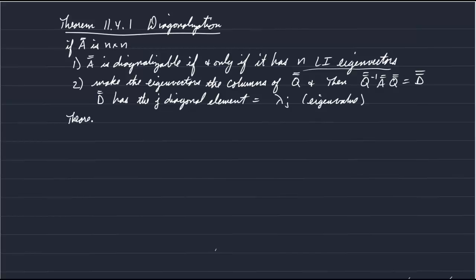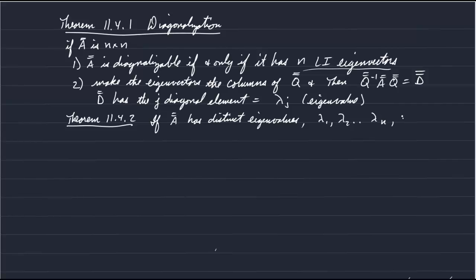The second theorem is 11.4.2. And that says that if A has distinct eigenvalues, lambda 1, lambda 2, all the way out to lambda n, then the eigenvectors are linearly independent.